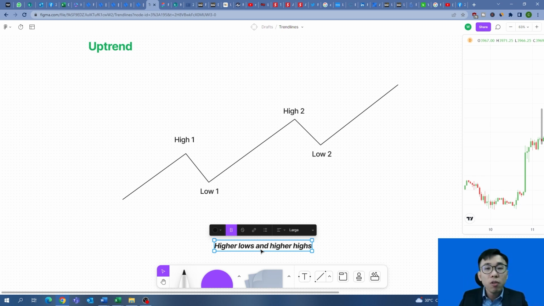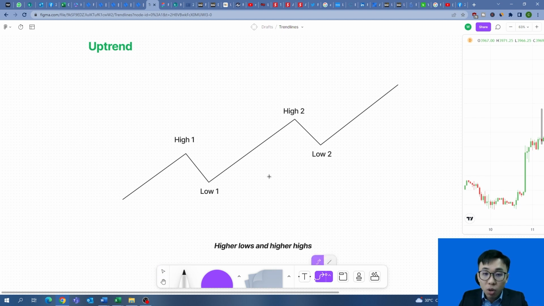So when they move like that, we can see that the latest high that they have, which is before they turn downwards, will always be higher than the previous high, as you can see here. Whereas for their lows, before they swing upwards, their lows will always be higher than the previous low itself.